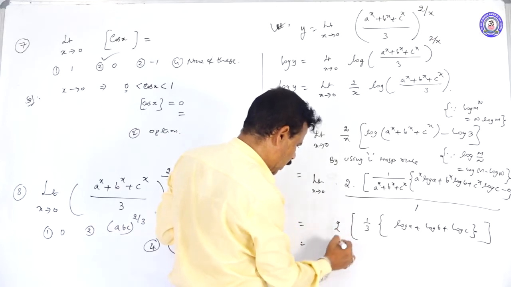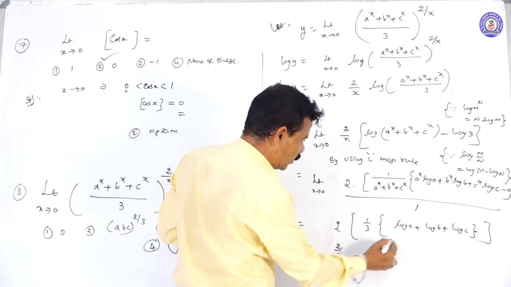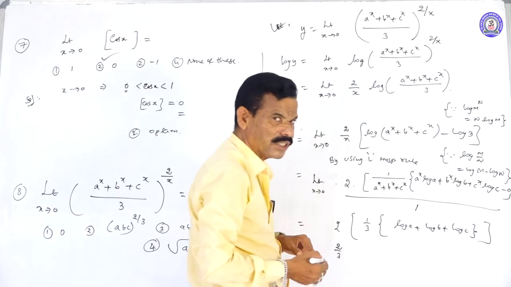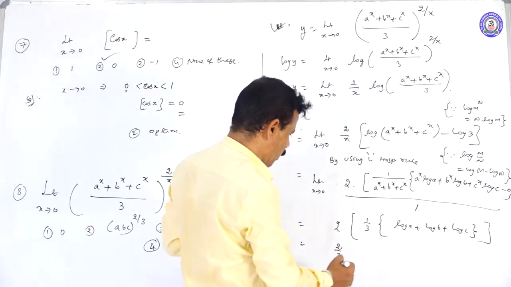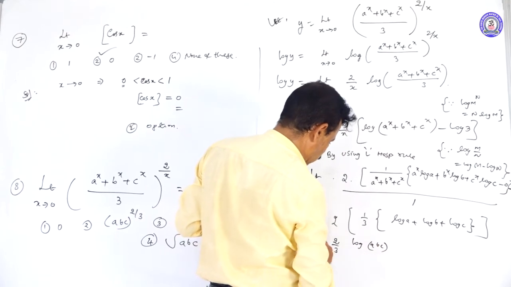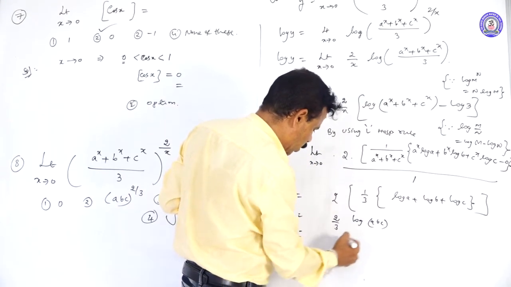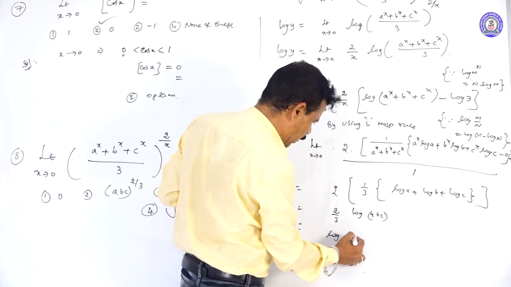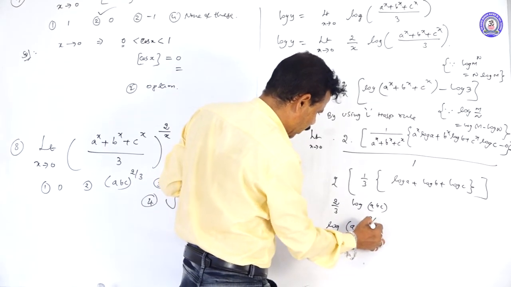So 2 by 3 is the constant outside, and this is log a plus log b plus log c, which is written as log abc. After this step, the 2 by 3 goes to the power: log abc power 2 by 3.